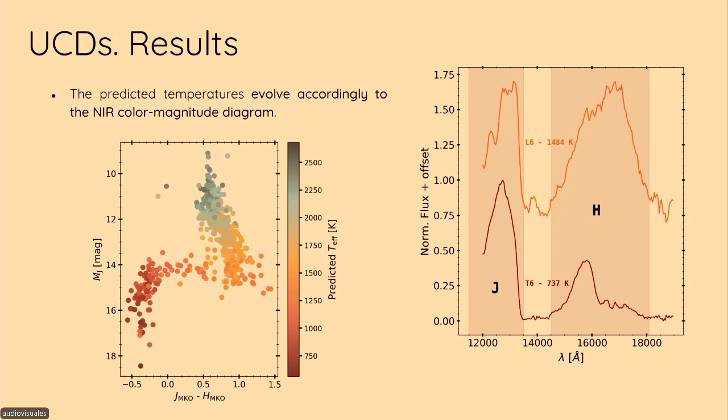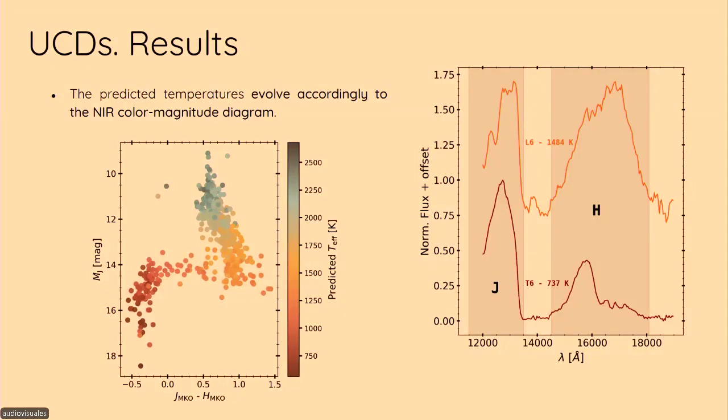And we also double-checked our effective temperatures with the same HR diagram that I showed in the introduction. So here in the figure, you have the same HR diagram, the absolute magnitude in the J-band on the y-axis, and the color between the J and H near infrared bands on the x-axis.